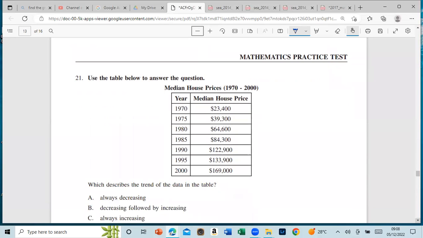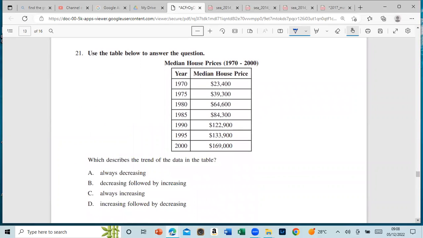Alright, 21 says use the table below to answer the question. Median house price from 1970 to 2000. Which describes the trend of the data in the table? Hold on. Always decreasing? No, it's always increasing. 23 to 39 to 64.